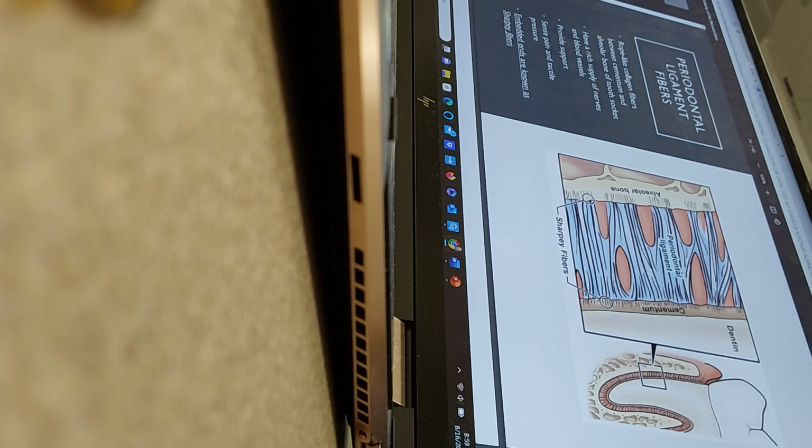So here are the Sharpey's fibers that are embedding the PDL into the bone and into the cementum. Here's the PDL around the tooth, all the different types of fibers. And then in the zoomed-in version, you can see PDL fibers attaching the cementum to the bone, and they're embedded in by Sharpey's fibers.